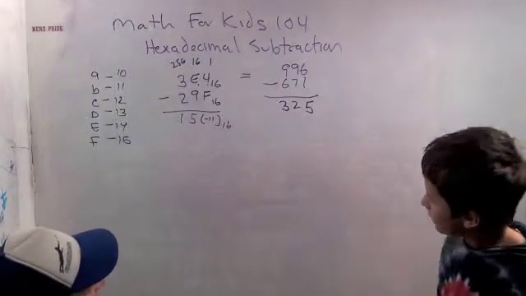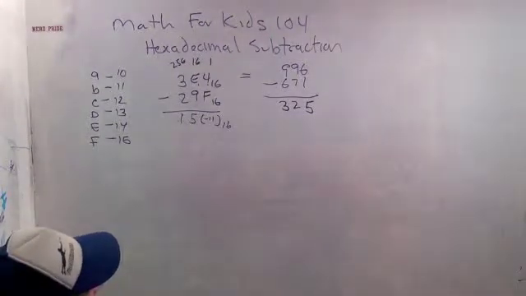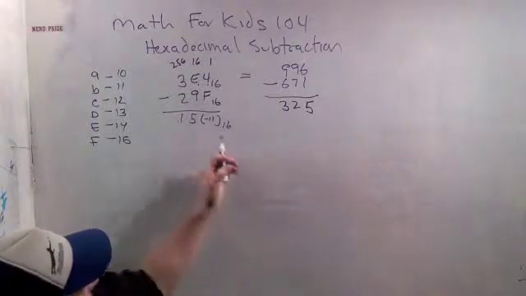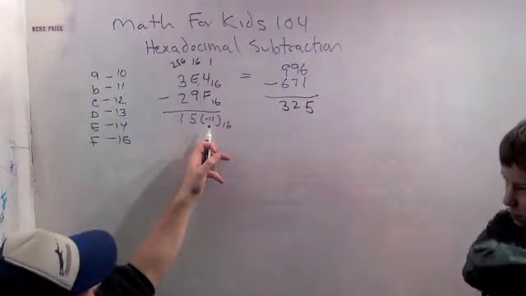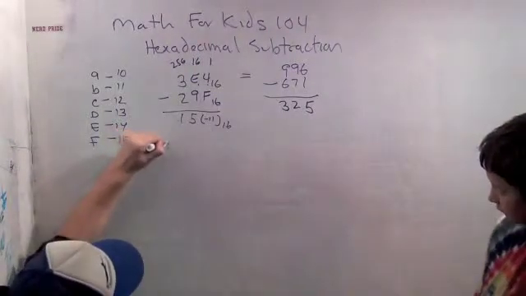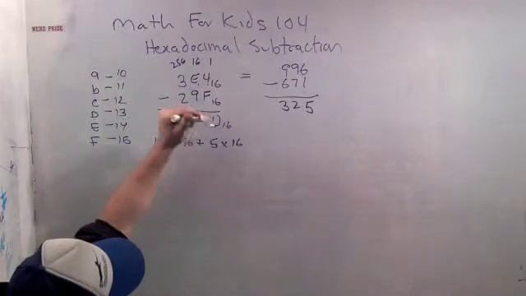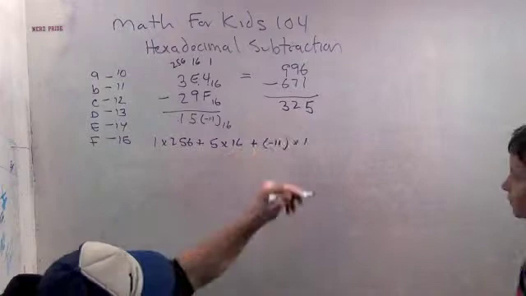Well, it's less than 16, so you can't move it over. Maybe you can. So we need to make this a positive number. All of our digits in a hexadecimal number need to be positive. So we have 1 times 256 plus 5 times 16 plus minus 11 times 1.